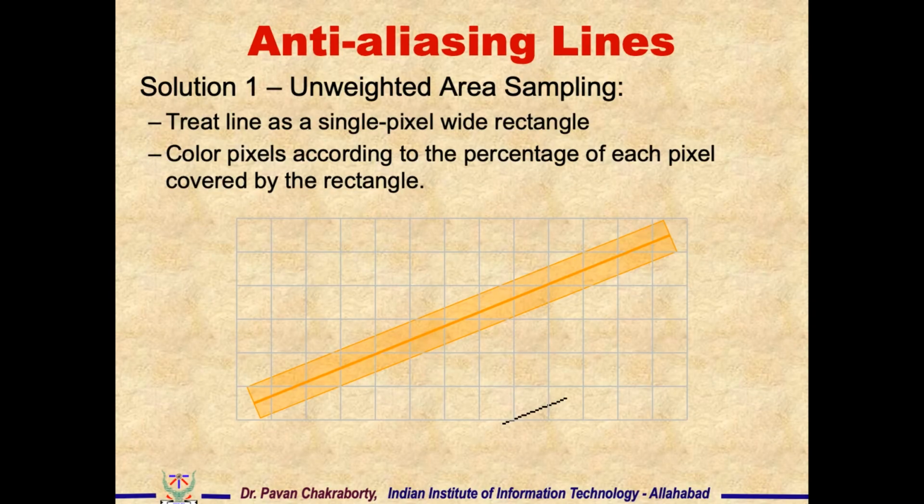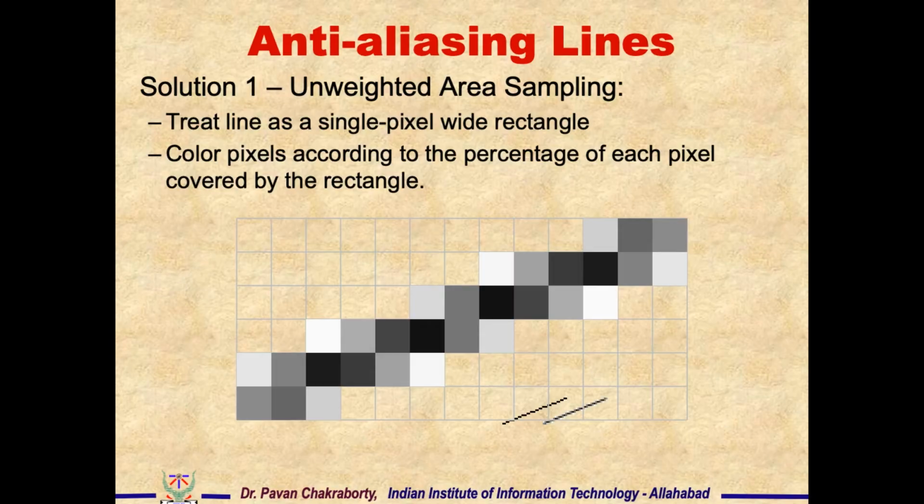Now, if we define the shades, the line would look something like this. What you see here is that the darkness of the line depends on the distance of the center of the pixel from the line center. The further the pixel is from the line center, the less dark it is.